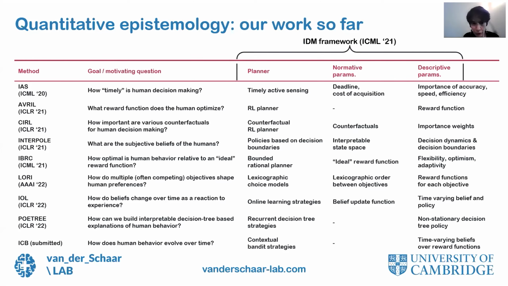So the type of questions we can answer are: how timely is a particular decision of a clinician? What are the beliefs of the clinicians? What are potentially different types of preferences and risks? How over time the beliefs of clinicians may be changing? Can we build tools for clinicians to debug their decision-making when doing diagnosis? And can they collaborate better and more effectively with each other?